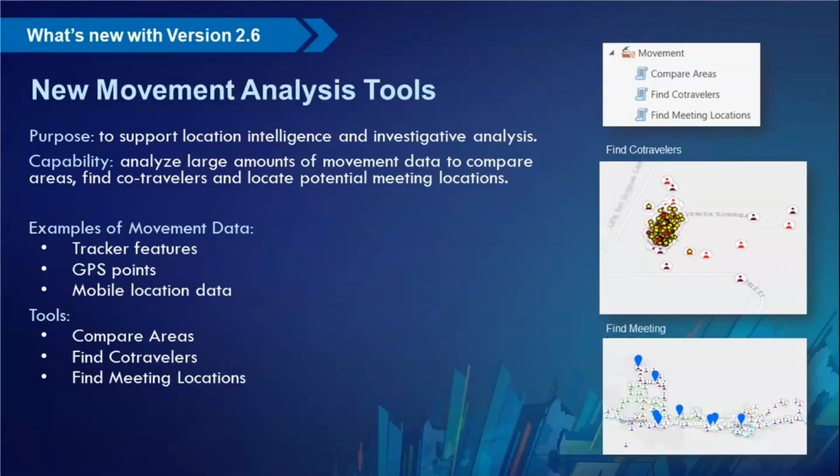And by co-travelers, I mean 2 or more persons traveling together. Examples of movement data can include tracker features, GPS points, mobile location data. And we have 3 new movement tools now: compare areas, find co-travelers, and find meeting locations, and Brian will demonstrate some of them later.